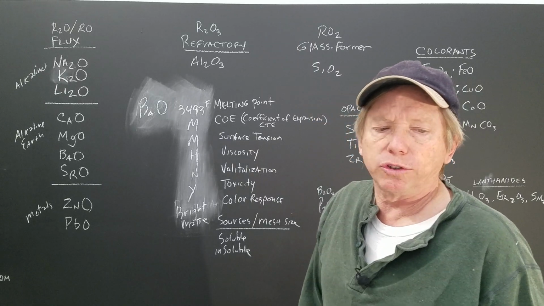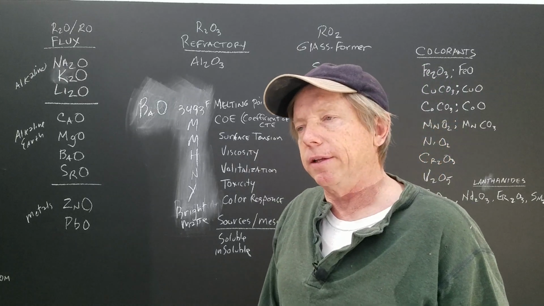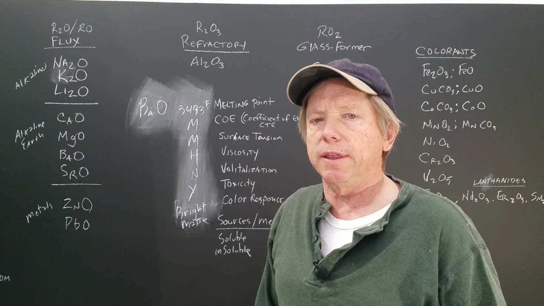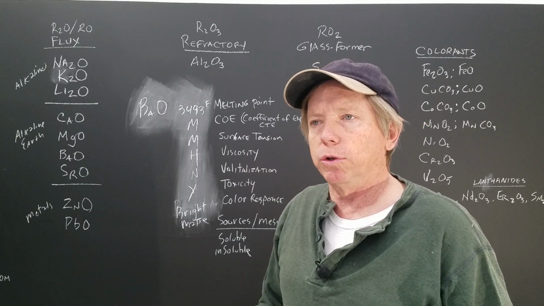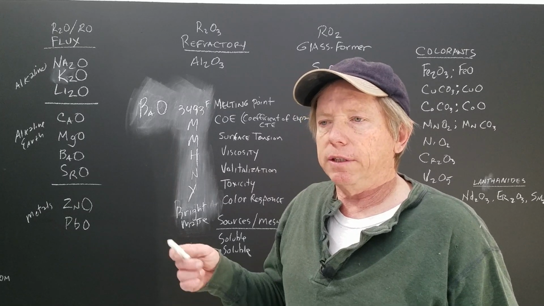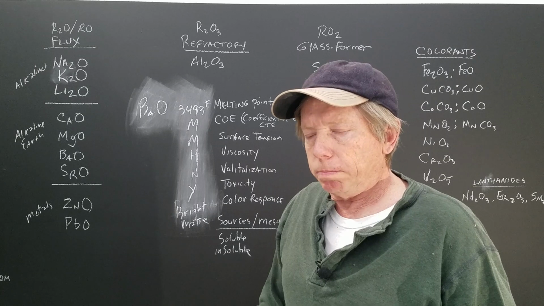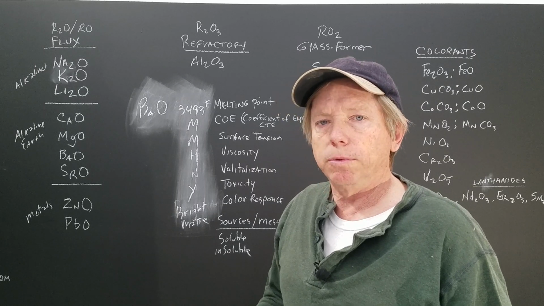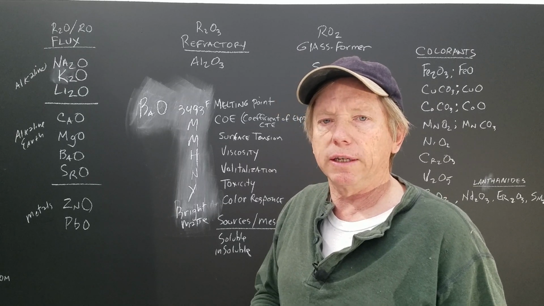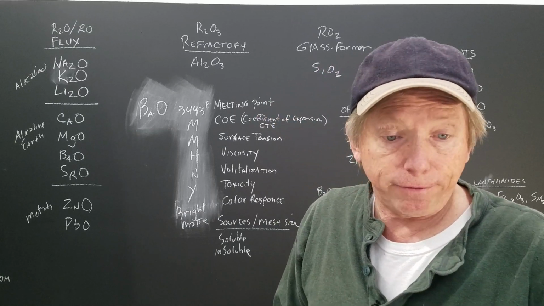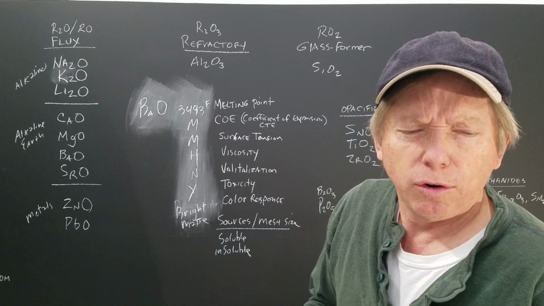Its main source is going to be barium carbonate, and the insoluble source is barium sulfate. The interesting thing is Josiah Wedgwood, back in the 1780s or sometime around then, he made Wedgwood pottery, and he made his workers use barium sulfate so they didn't get toxic exposure, which was pretty good for that long ago.